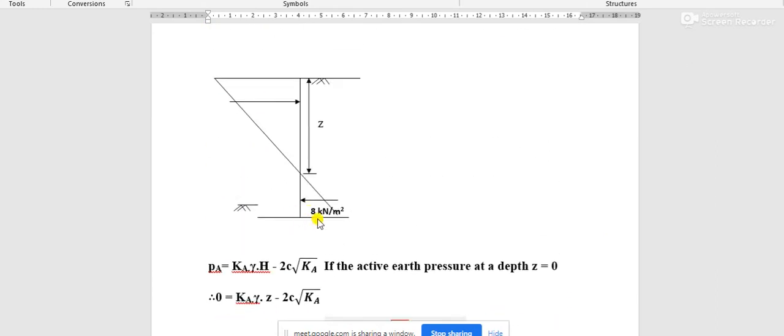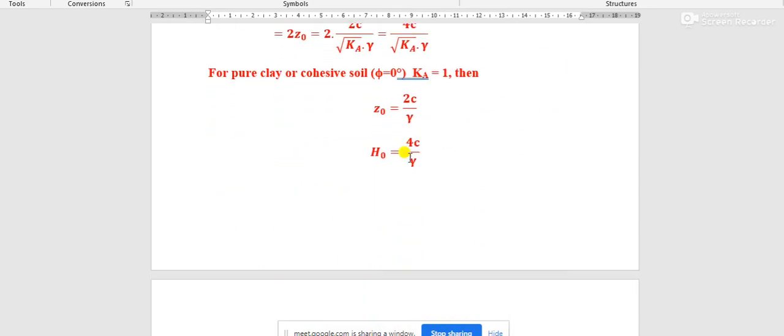The height of this triangle is the rest of the wall, that is 6 minus this part, the length of this part is 5.6 meters.